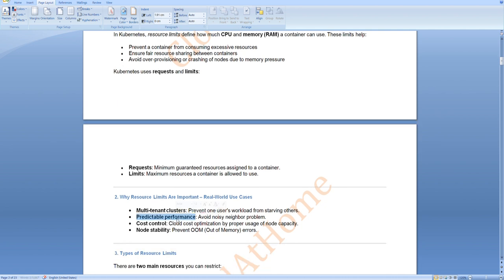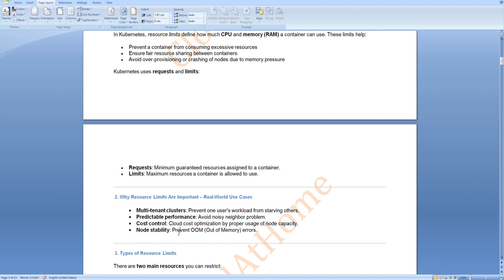Second is predictable performance, so you do not impact your other pods or applications. Third is cost control. You do not want your node capacity to be consumed with high CPU utilization, so to optimize that, you have to ensure resource limits are used.